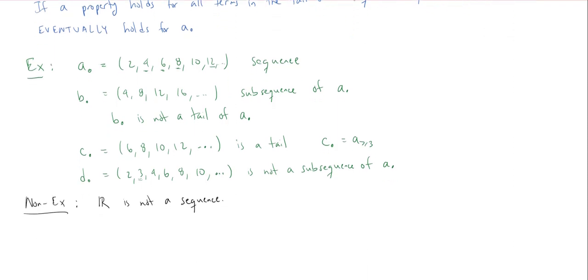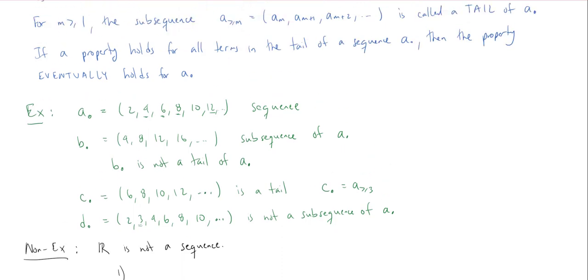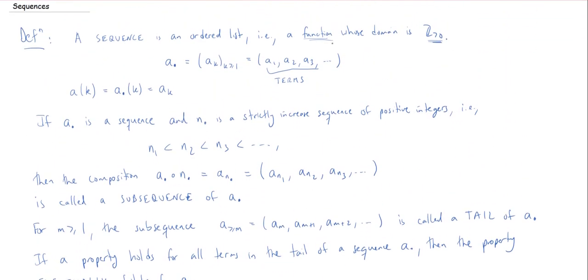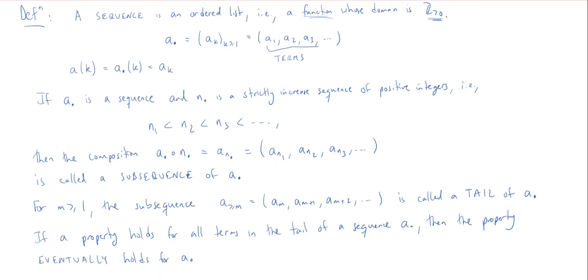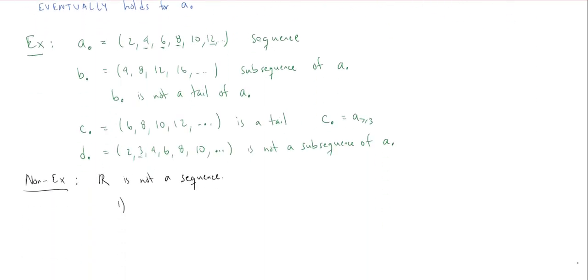Well, there are two really good reasons I can immediately write down. Number one, a sequence, as we said up above, is a function whose domain is the positive integers. The set of real numbers is a set. R is a set, not a function with domain the positive integers.